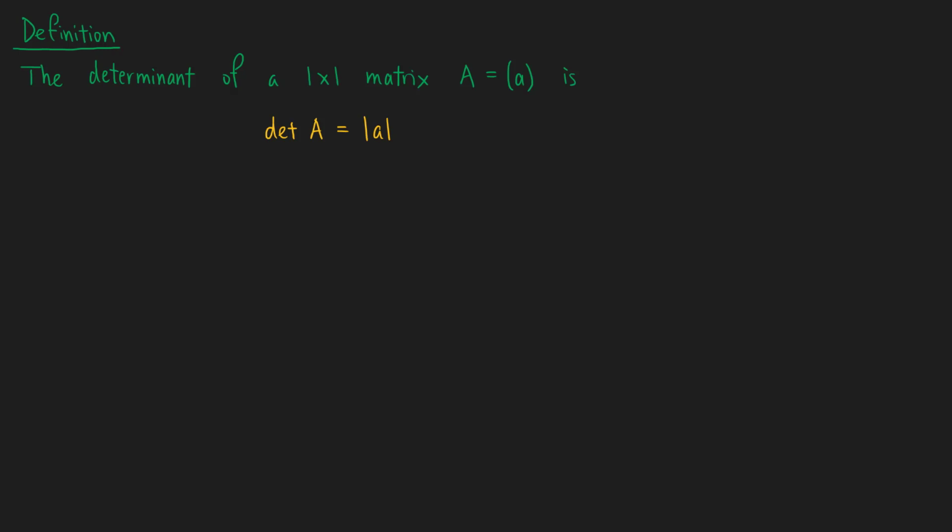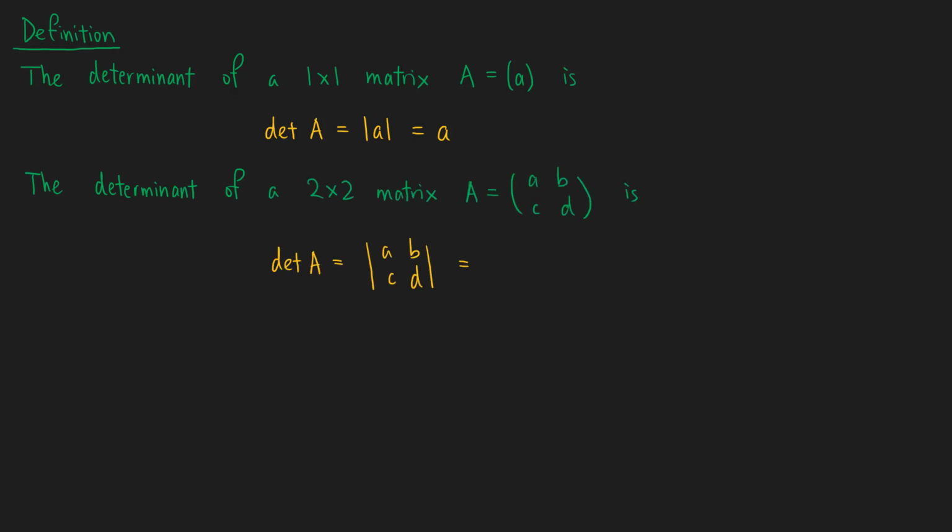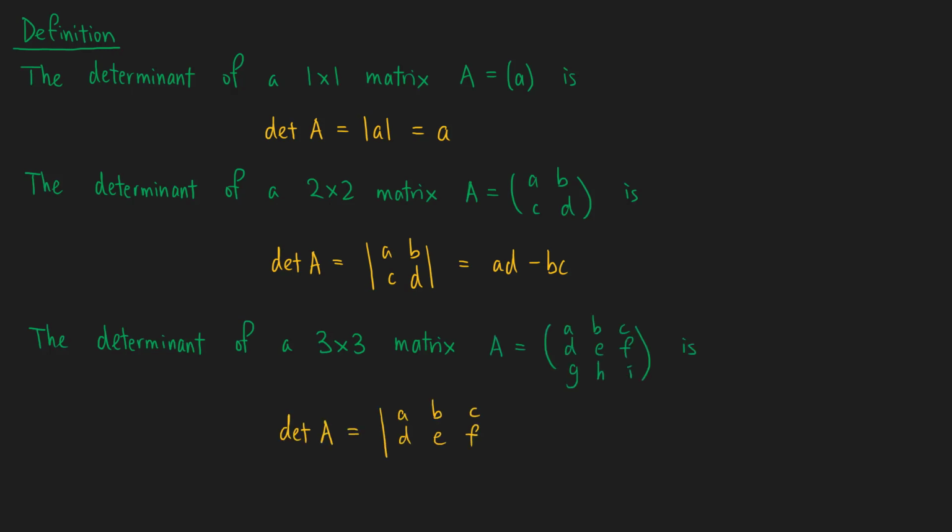So, we define the determinant of a 1x1 matrix A with entry little a as just little a, and the determinant of a 2x2 matrix A with entries a, b, c, d as ad minus bc. Let's also define the determinant of a 3x3 matrix, say A, with entries a, b, c, d, e, f, and g, h, i, to be the following expression: aei plus bfg plus cdh minus ceg minus afh minus bdi.